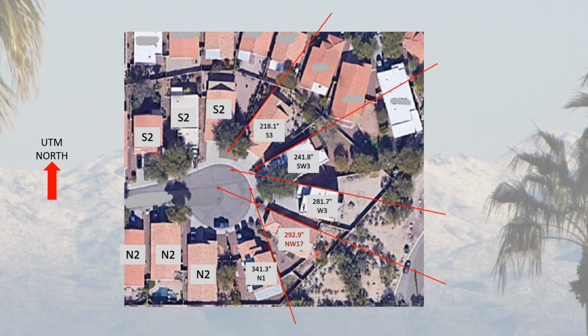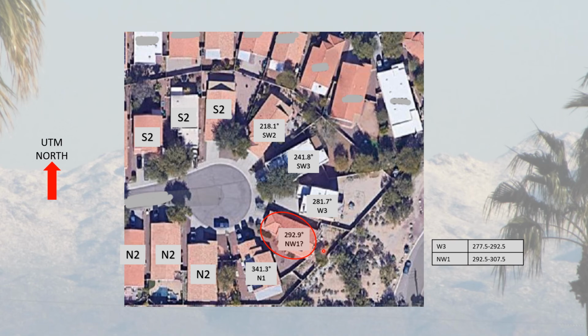Now you notice I have this one in red. There's a reason for this. It is so close to the dividing line between West 3 and Northwest 1 that I can't tell from this what direction it faces. This is one house I would absolutely have to look at the site plan to see what direction this house faces, because it could be either one.